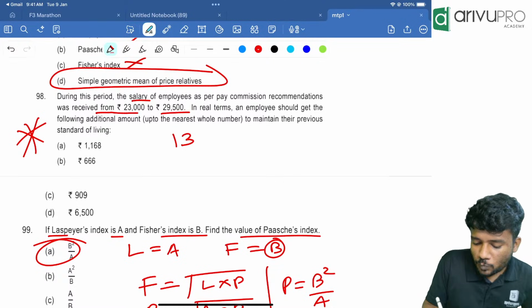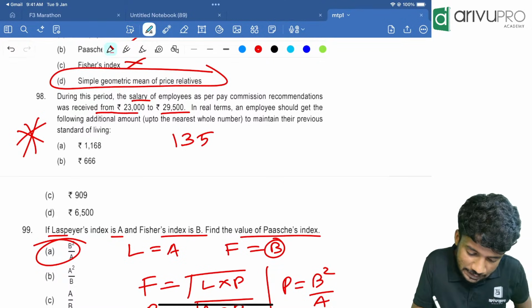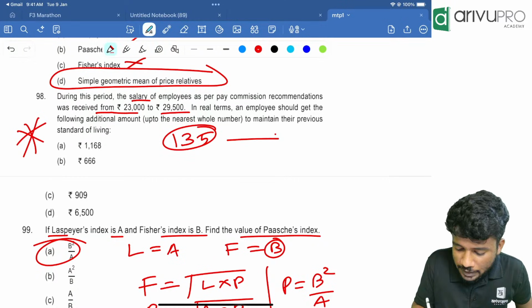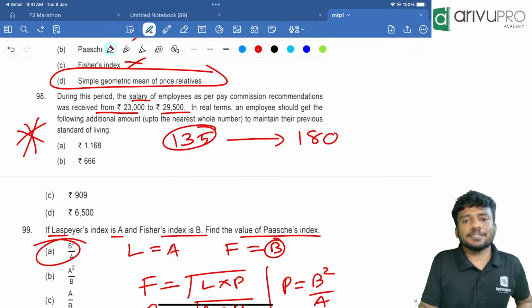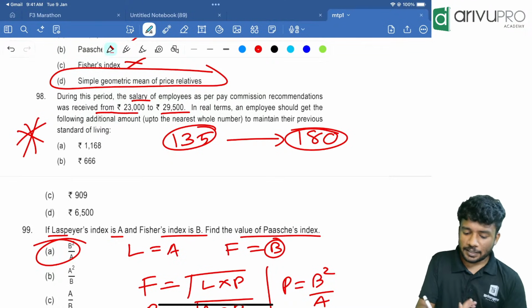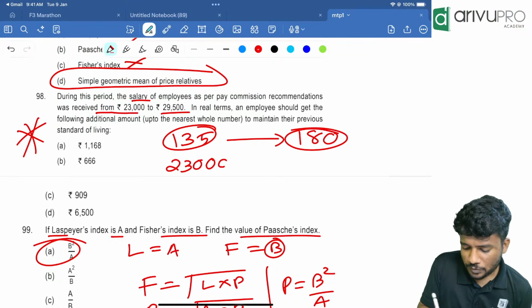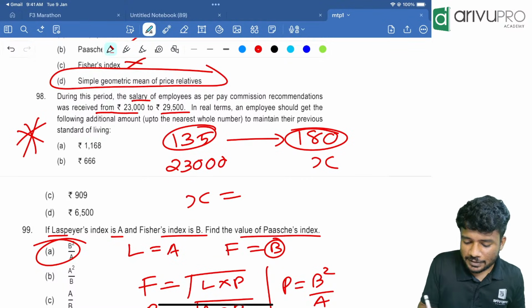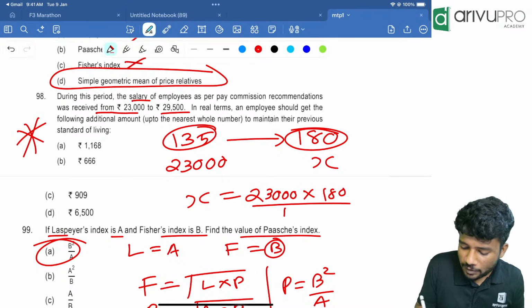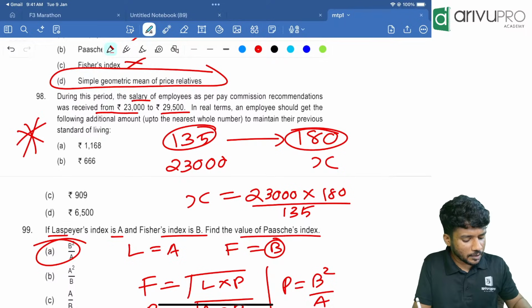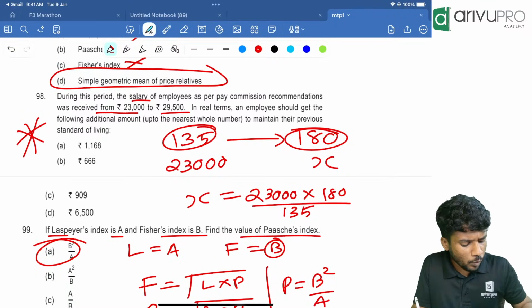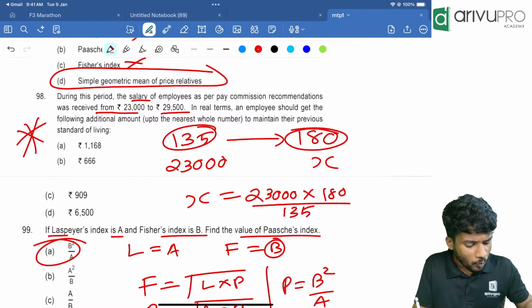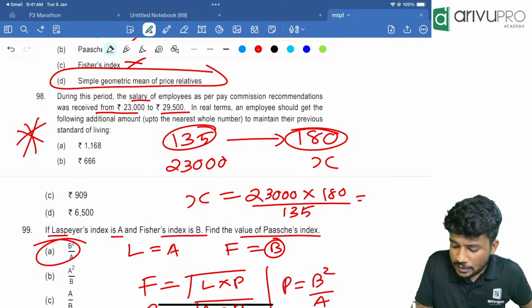It was given as 135 as the index in the first year. It became how much? 180. Yes, it was given as the index and the corresponding value is 23,000. X value is over here. Now cross multiply, people. X is equal to 23,000 into 180 divided by 135, which is 30,666.66.